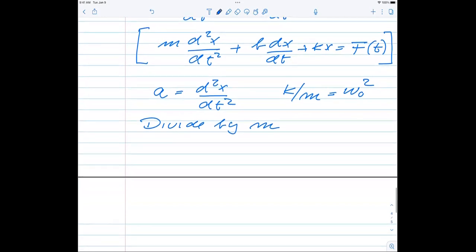And then we get a new equation, which goes like the second derivative, which is just the acceleration, plus b times the velocity, dx dt, plus this frequency omega 0 squared, because we have divided out the mass. So we have b divided by m multiplied with the velocity, and omega 0 squared multiplied with x, and that's equal to 0.